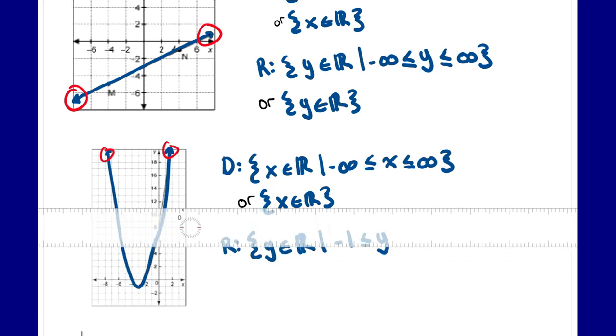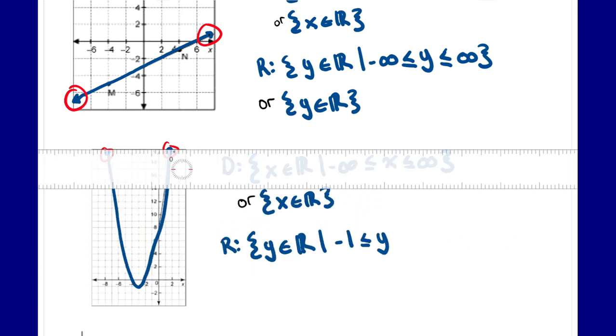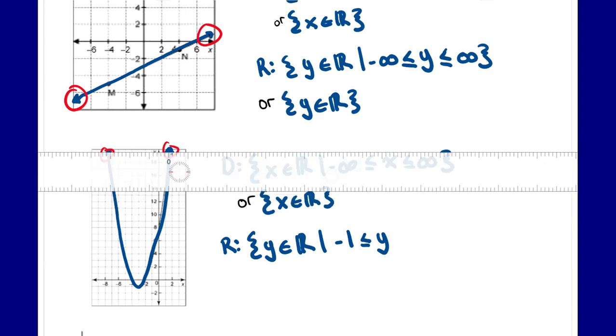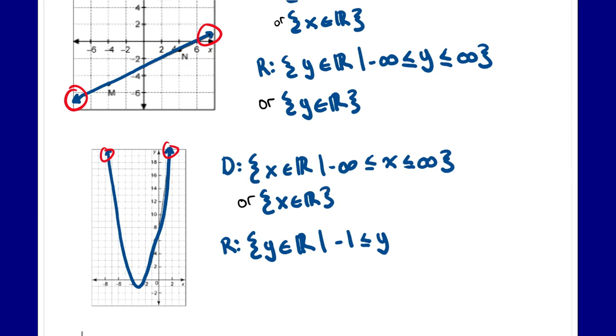Then we go to the highest possible value. We see there are arrows on the top points here, so it is going to continue upwards forever. Our highest possible value is infinity. So y is any real number given that y is greater than or equal to -1 but less than or equal to infinity.